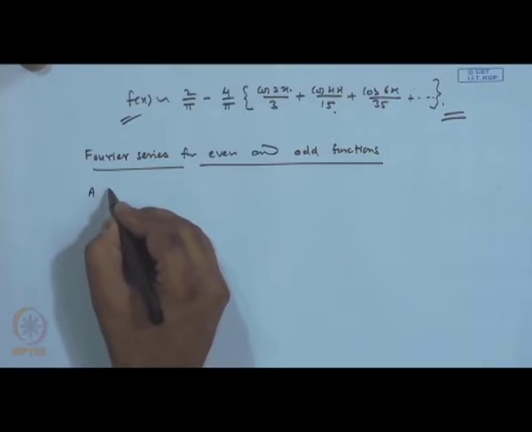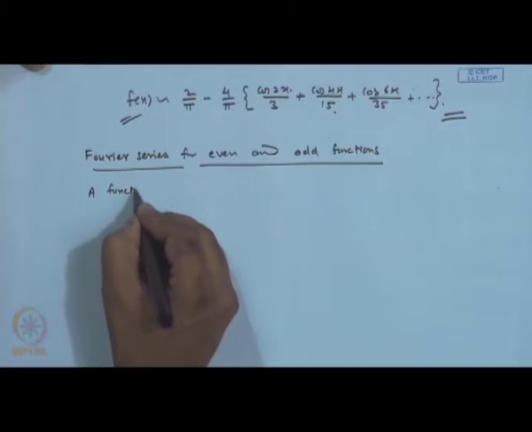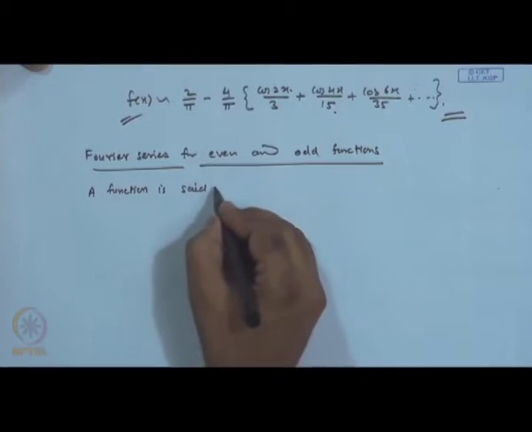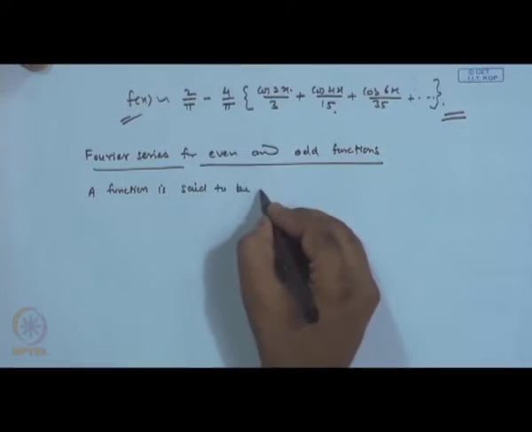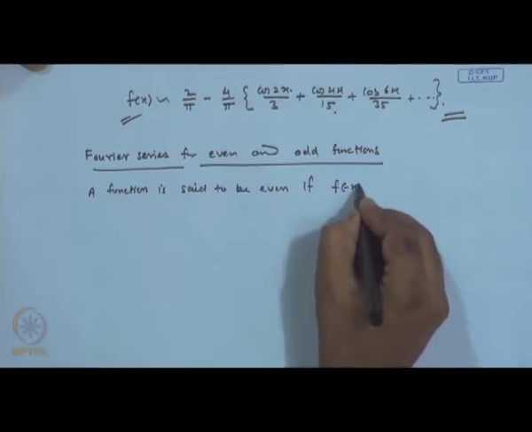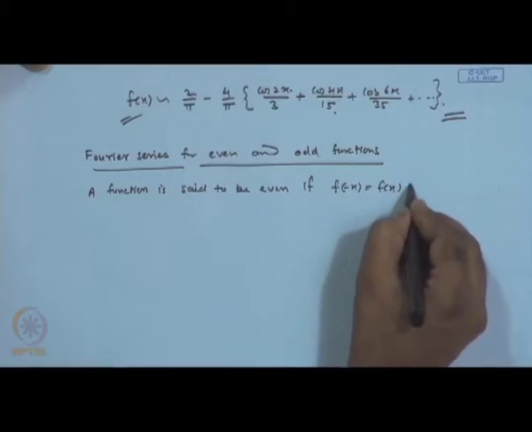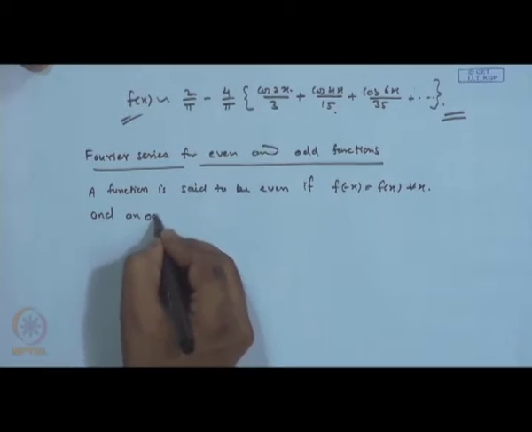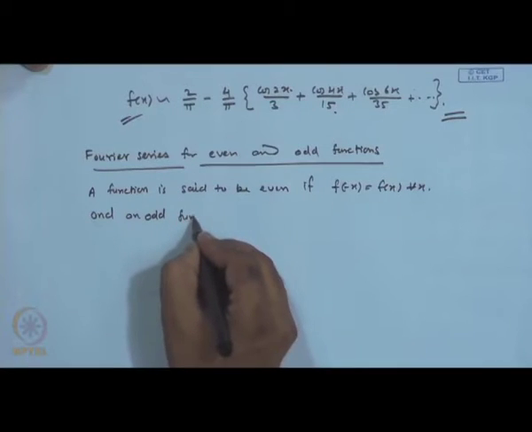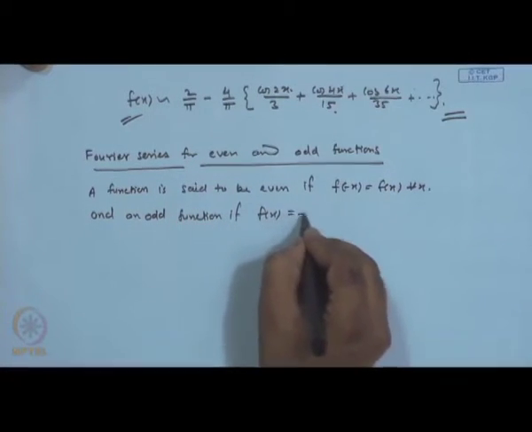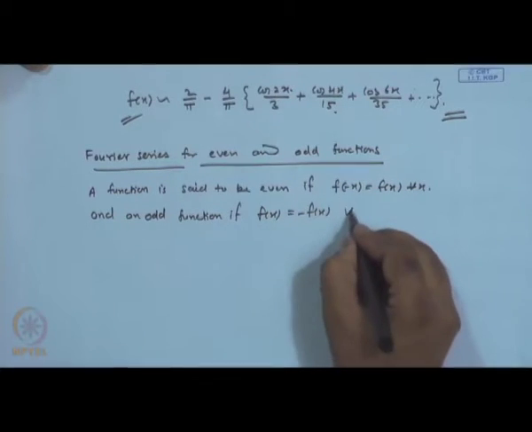So, again just to remind, a function is said to be even if we have f minus x is equal to f x for all x, and an odd function if we have f minus x is equal to minus f x for all x.